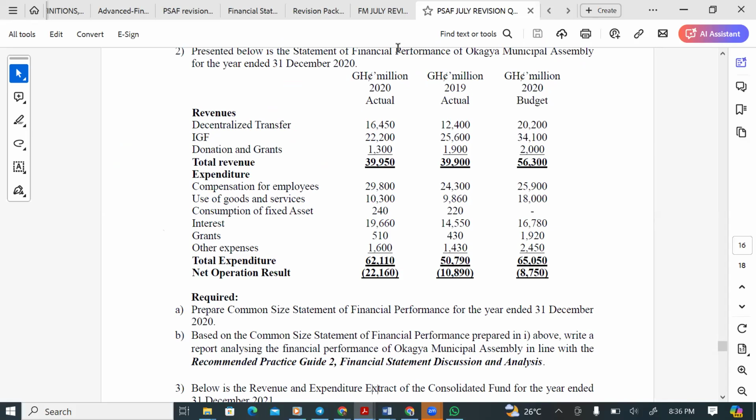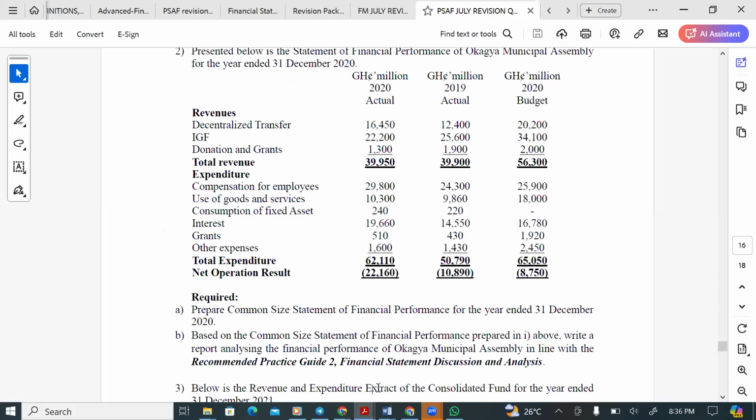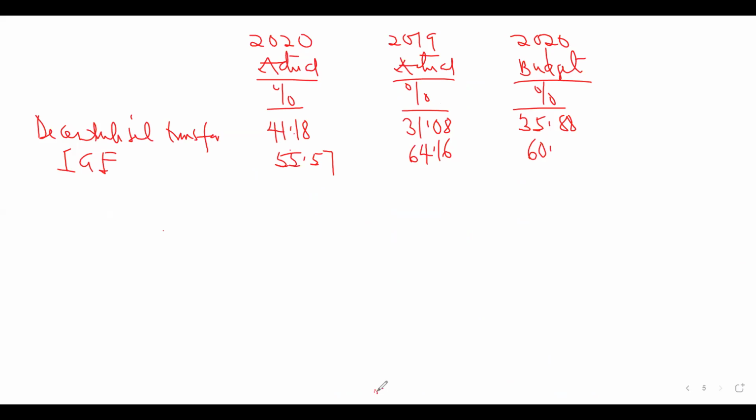Okay, 64.16. The budget for 2020 is what? 60.57. Okay, 60.57.